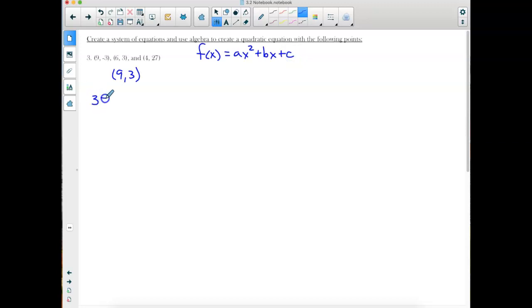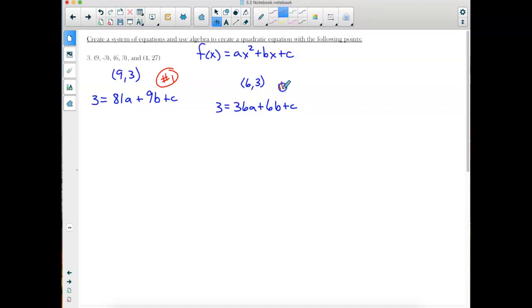So 3 equals 9 squared, which is 81, times a, gives me 81a, plus 9 times b is 9b, plus c. I'm calling this one number 1. Then I'm going to use my next point of 6, 3. And I'm going to say 3 equals 36a plus 6b plus c.